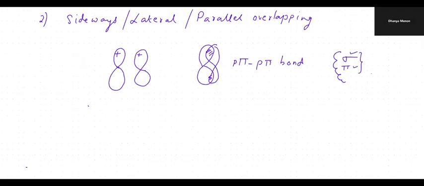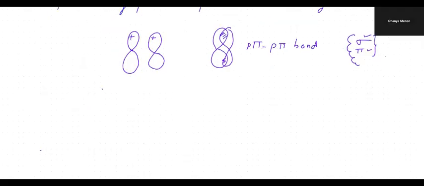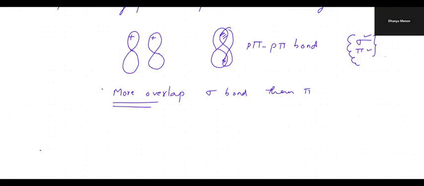Another piece of information is that for sigma bond, more overlap takes place than for pi bond. So if the overlapping is more, what about the bond energy? Be stands for bond energy.